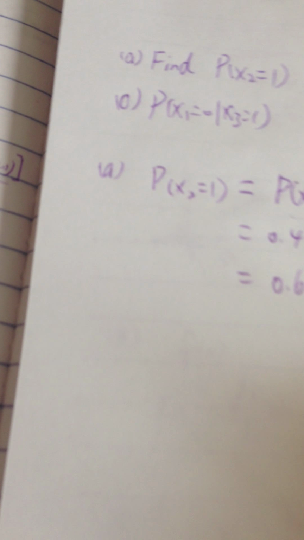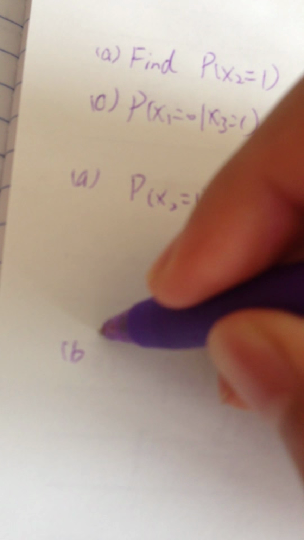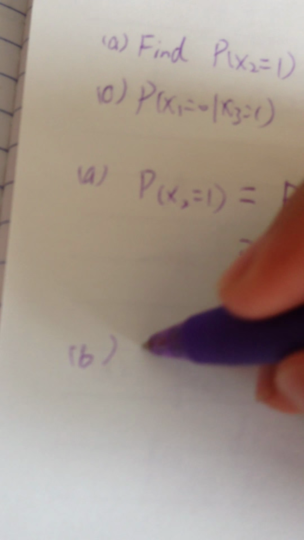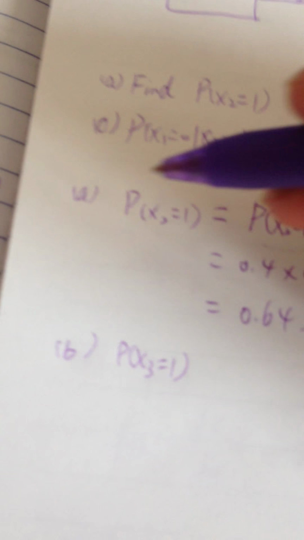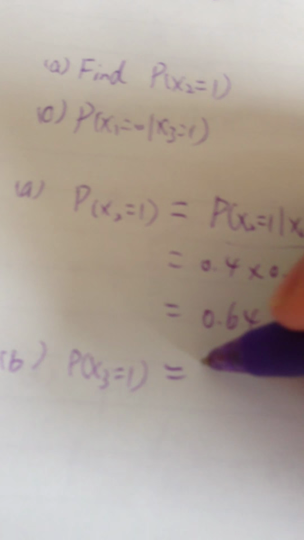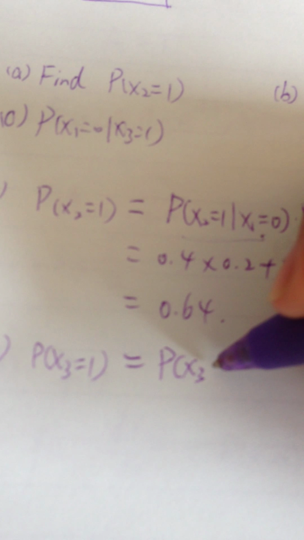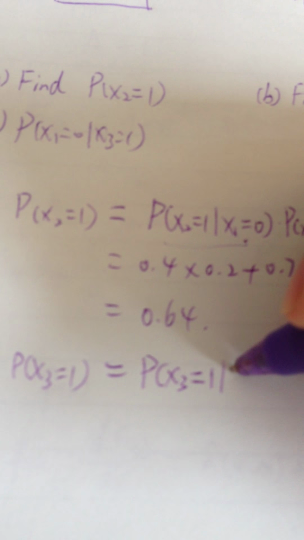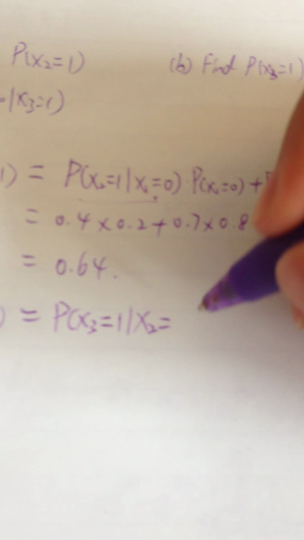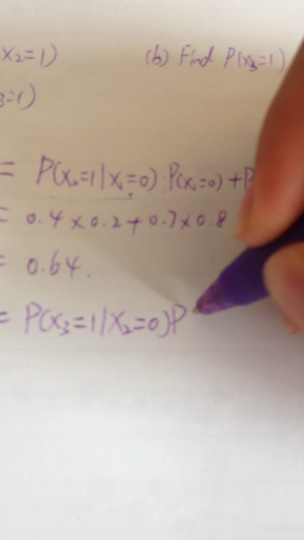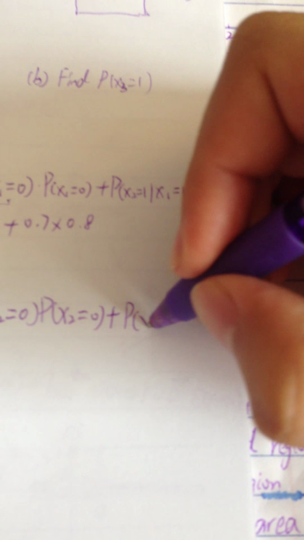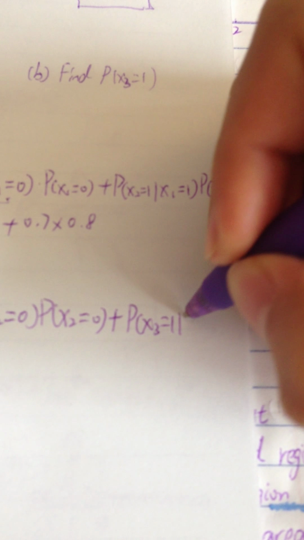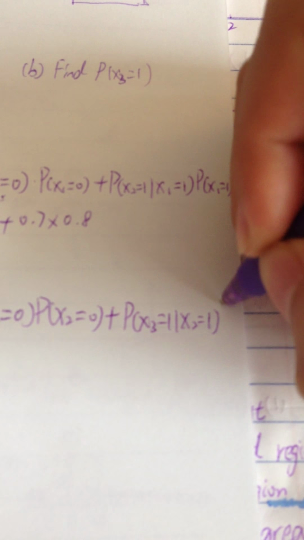The consequence is this. The second part is to find the probability of x3 equals 1. Just like the first part, it equals the probability of x3 equals 1 given x2 equals 0, multiplied by the probability of x2 equals 0, plus the probability of x3 equals 1 given x2 equals 1, multiplied by the probability of x2 equals 1.